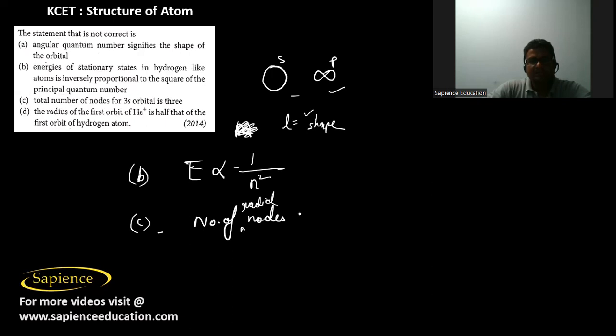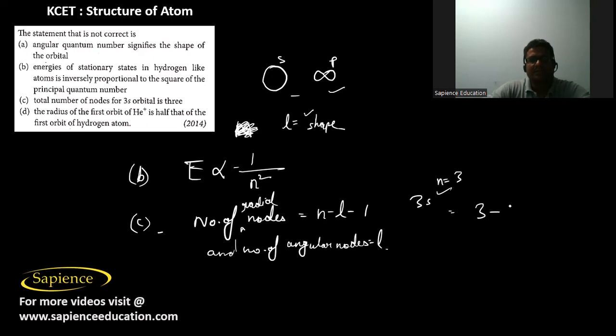The number of radial nodes is given as n minus L minus 1, and the number of angular nodes is equal to L. So the number of nodes in the 3s orbital will be n minus L minus 1. Here n is 3, so it is 3 minus 0 minus 1, which is equal to 2. So it is not 3.